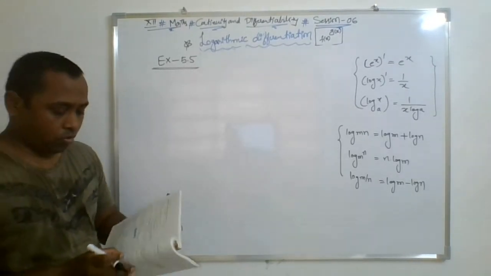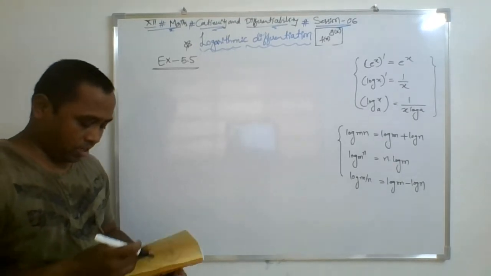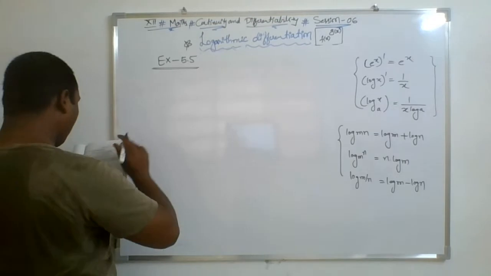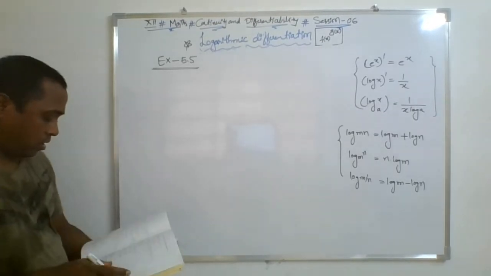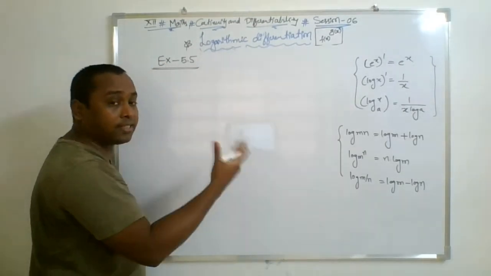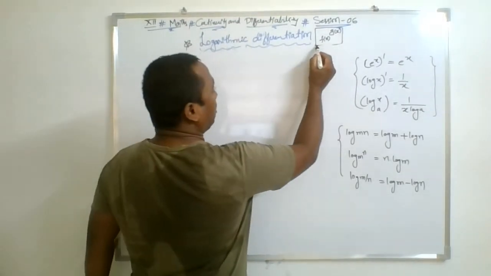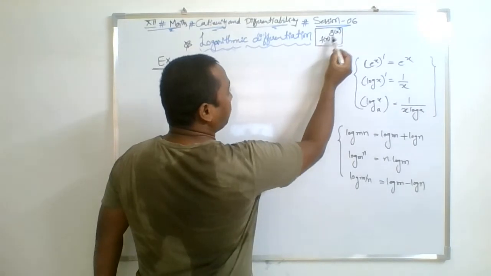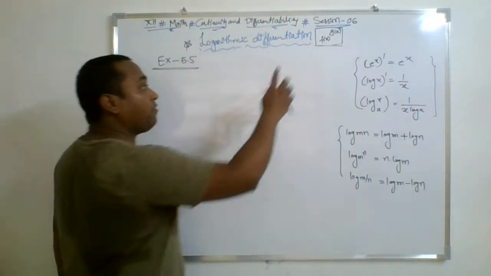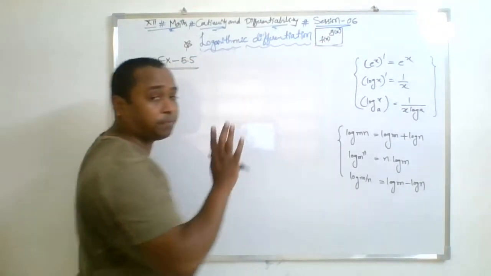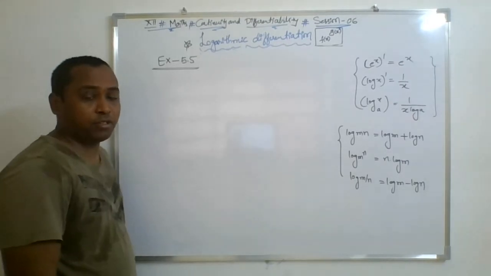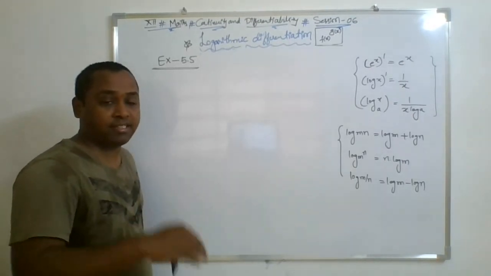Okay. So now I am taking a complicated question first, where logarithmic differentiation is required. Logarithmic differentiation is required where the function is in the form of f of x power g of x, a power function. Then only you can use logarithmic differentiation to make it very simple.